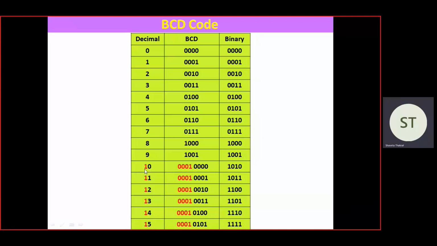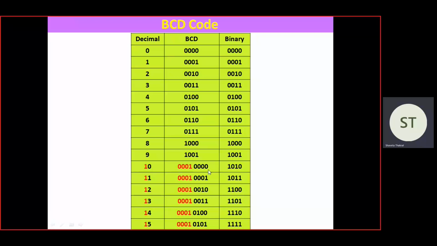So if we write the binary equivalent of 1 in terms of 4 bits, that will be 0001, and for 0 it will be 0000. But if we talk about binary, this is considered as 10 and the equivalent binary is 1010.